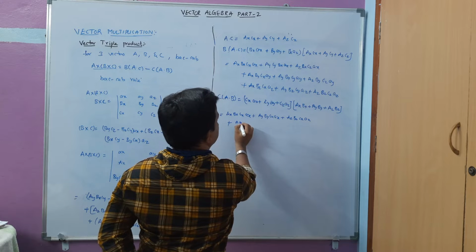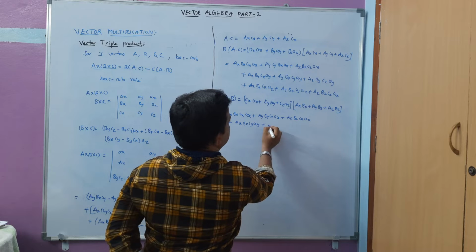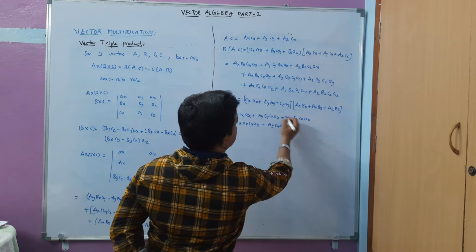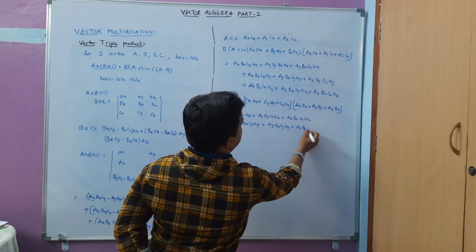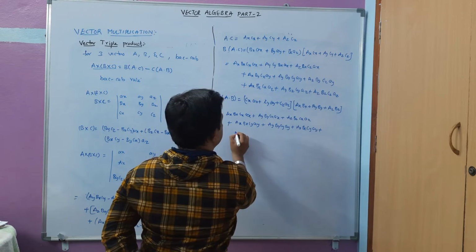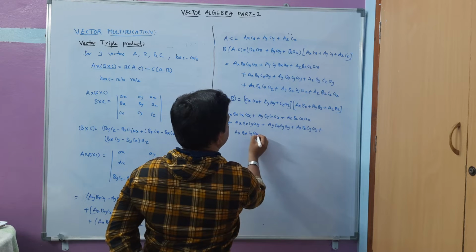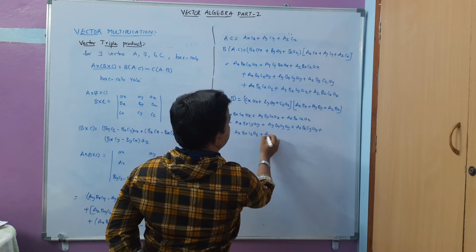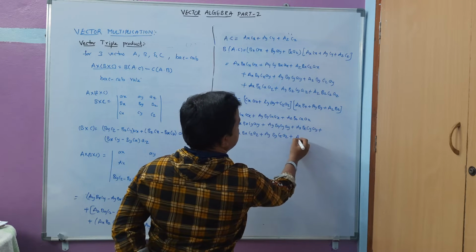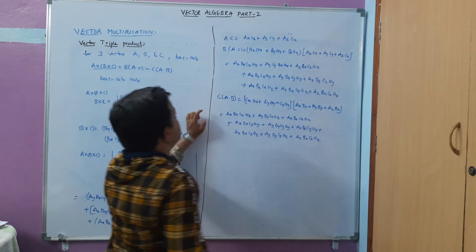Okay, that is AX BX into CY into AY plus AY BY into CY into AY plus AZ BZ into CY into AY plus next this into these three. Okay, next AX BX into CZ into AZ plus AY BY into CZ into AZ plus AZ BZ CZ into AZ. So now I have got these two.